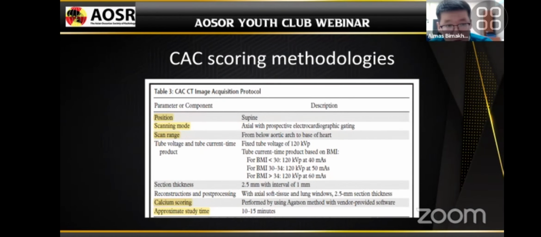So here you can see the acquisition protocol.